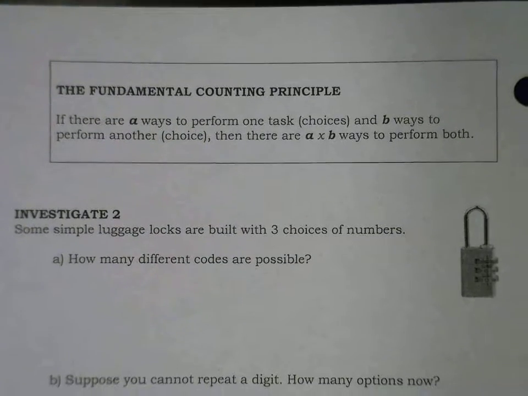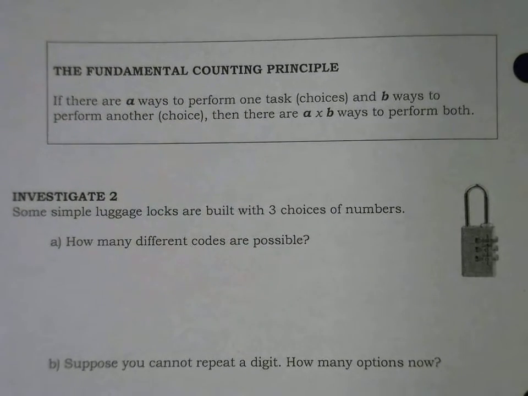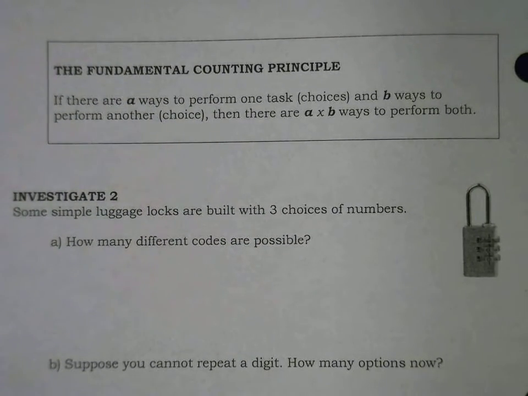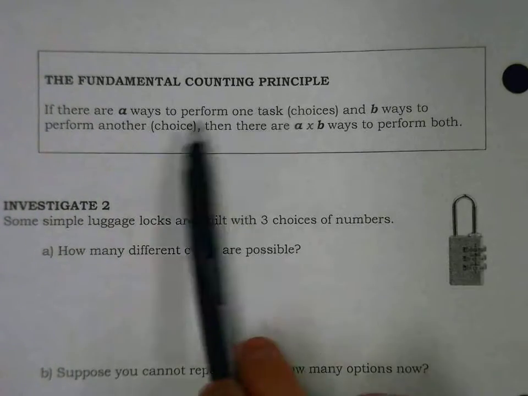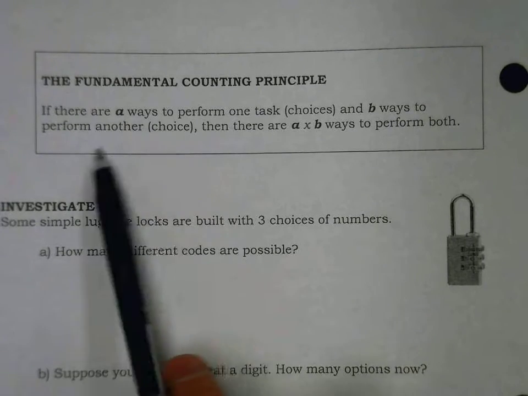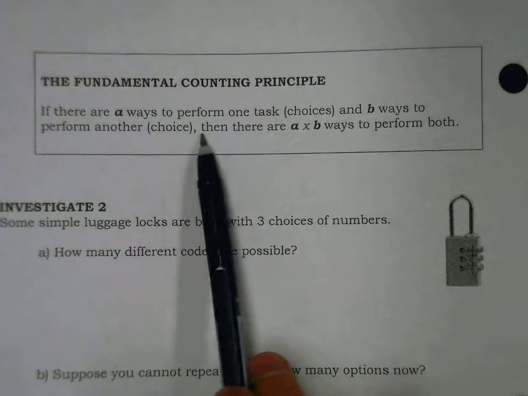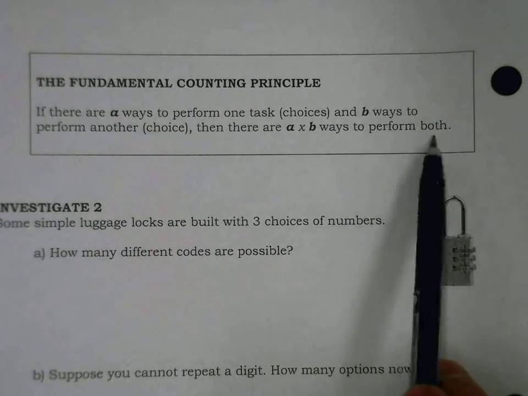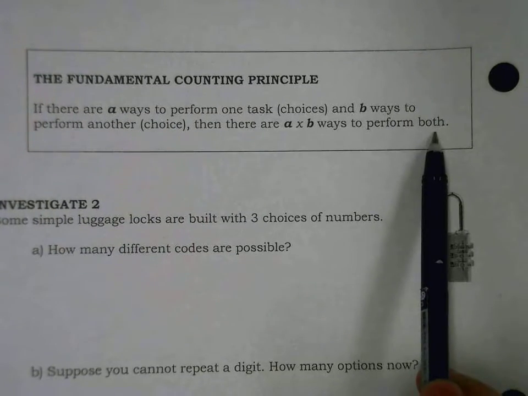This idea of counting brings us to something called the fundamental counting principle, which essentially says, like we did before, if you have A ways to perform one task, or A choices, and B ways to perform another task, or choices, then there is A times B ways to do both, or to piece them together.